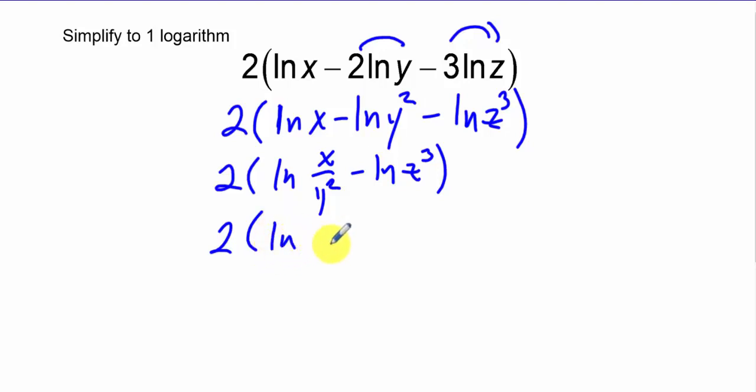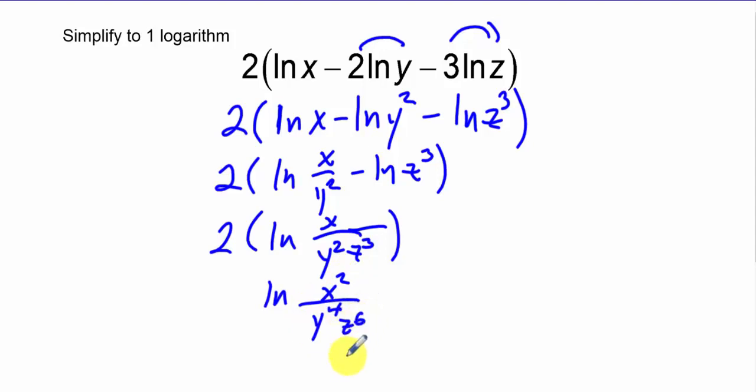So that's the natural log of x over y squared, and when I multiply by 1 over z cubed, that goes in the denominator. And then finally, I'm going to bring this multiple up to the numerator, so this is the natural log of x squared, y to the 4th, and z to the 6th.